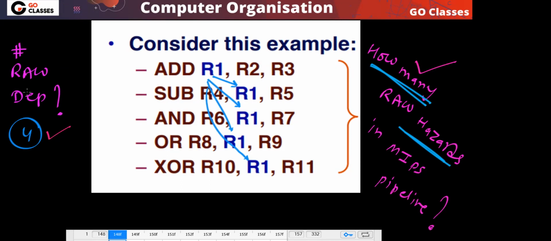Don't assume any split phase, okay? I told you, by default, never assume split phase.